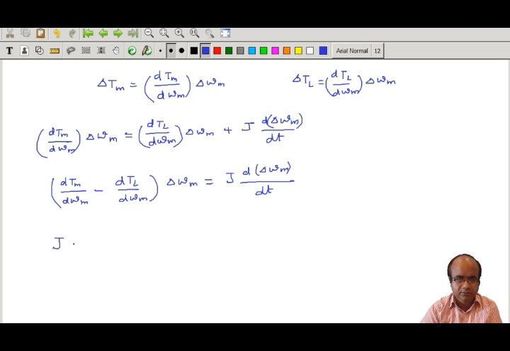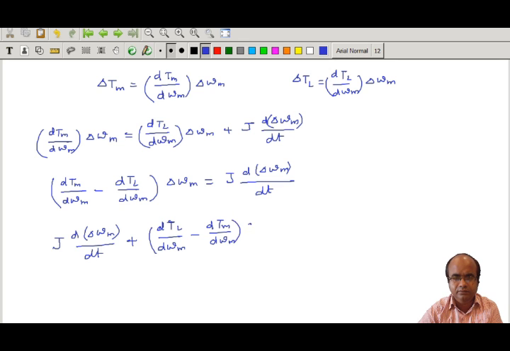That is, J d delta omega m by dt plus (dTL by d omega m minus dTm by d omega m) delta omega m equals 0.